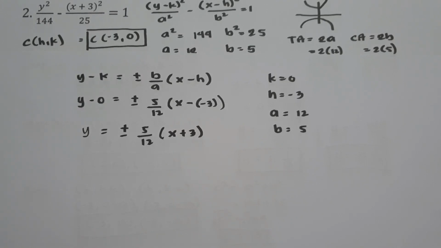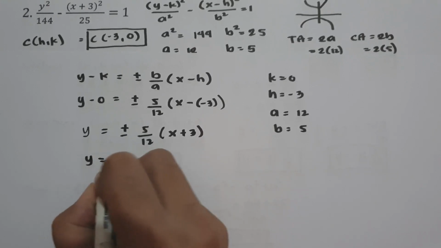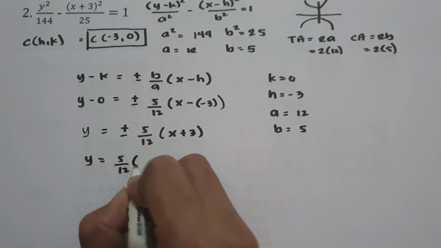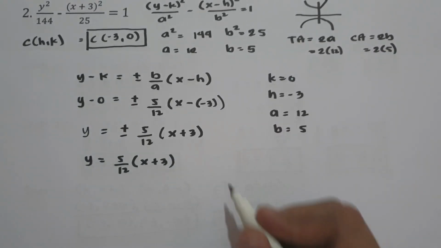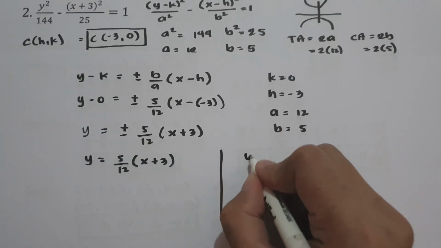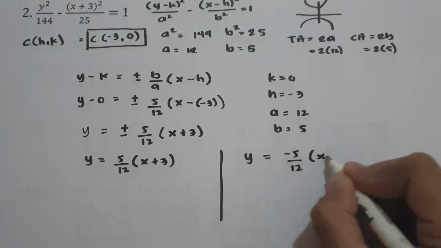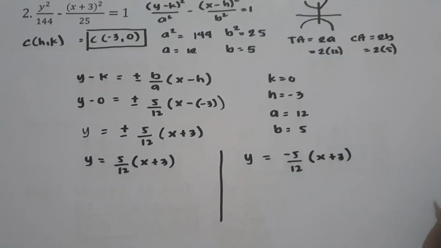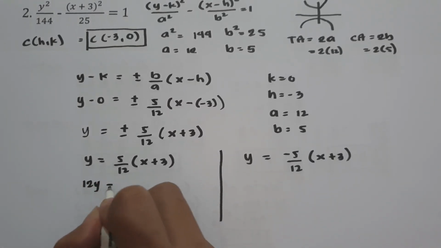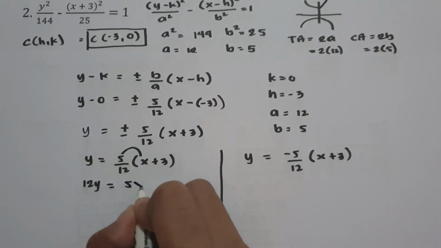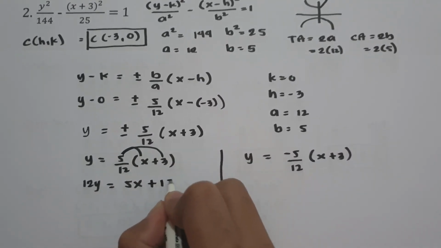And then, if we are going to separate this one, let us have y equals 5 over 12 times quantity x plus 3. On the other side, we have y equals negative 5 over 12 times quantity x plus 3. So let us have 12 multiplied by y, that is 12y, and then 5 times x is 5x, and then 5 multiplied by 3, that is 15.